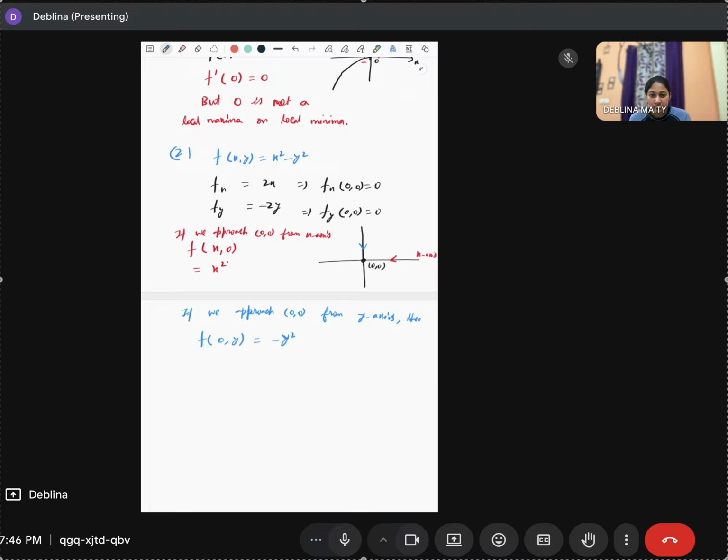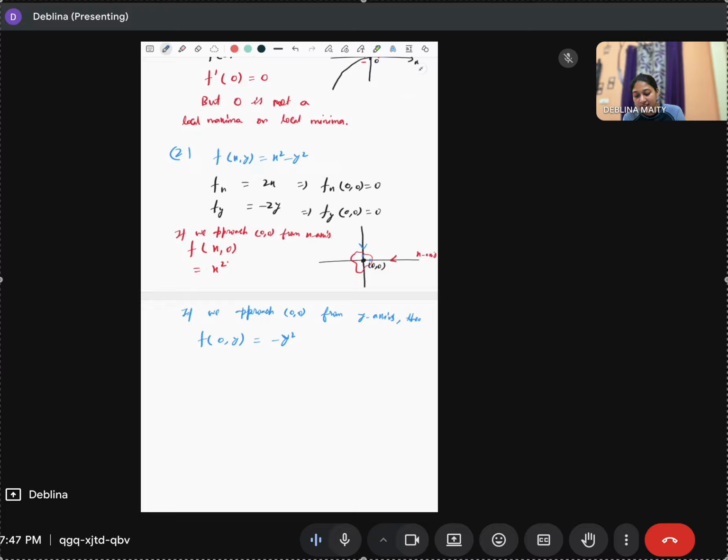Now if we take any neighborhood of this (0,0), there are points in the x-axis and also in the y-axis.